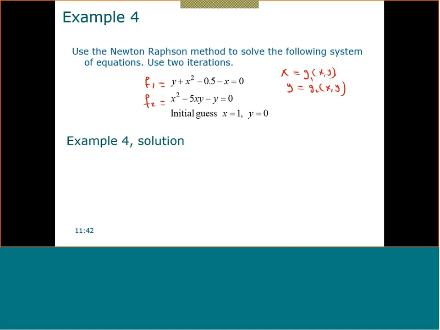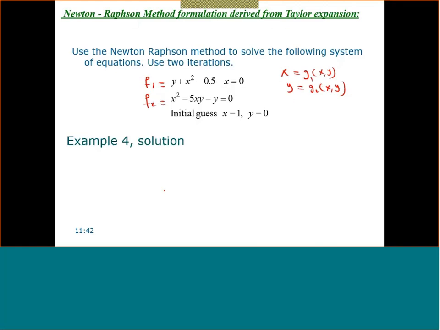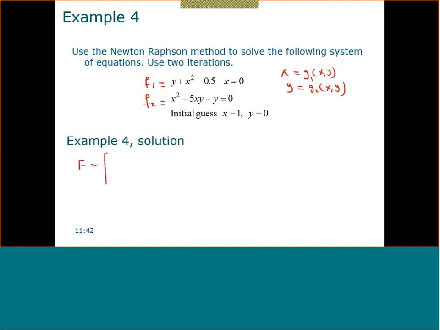So this is my function now. The vector f is basically nothing but y plus x squared minus 0.5 minus x, and x squared minus 5xy minus y.